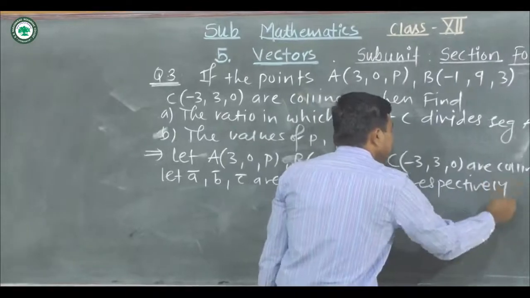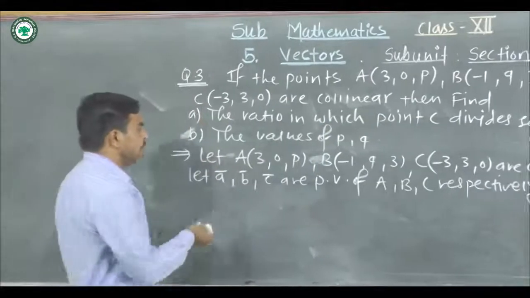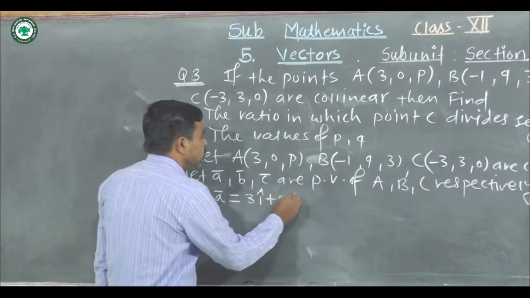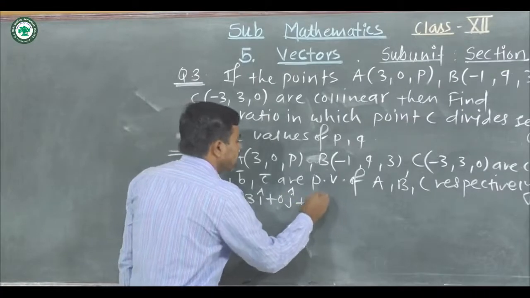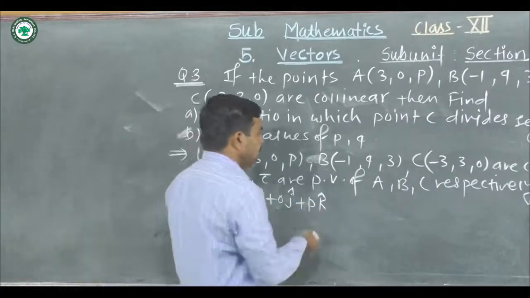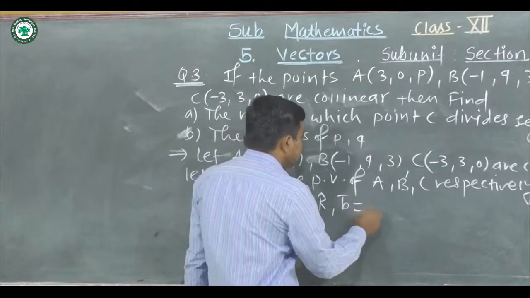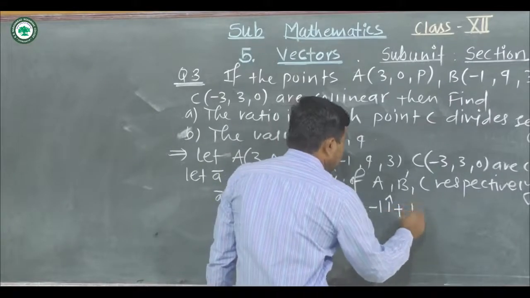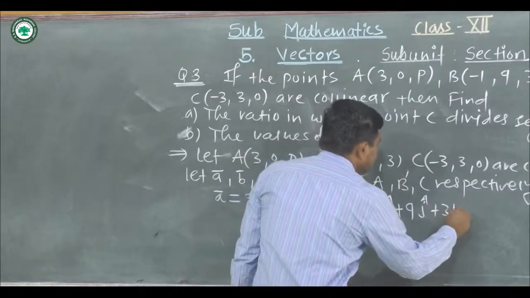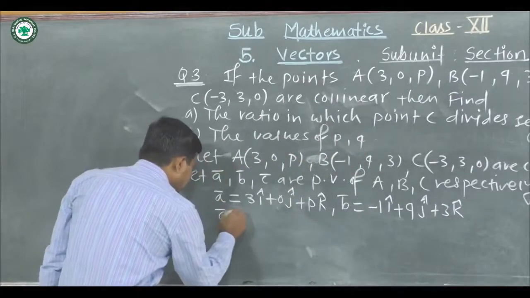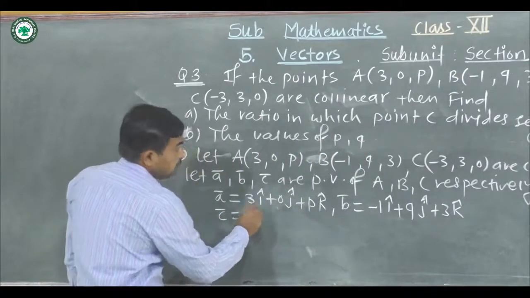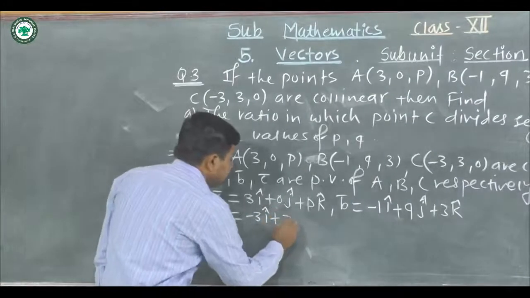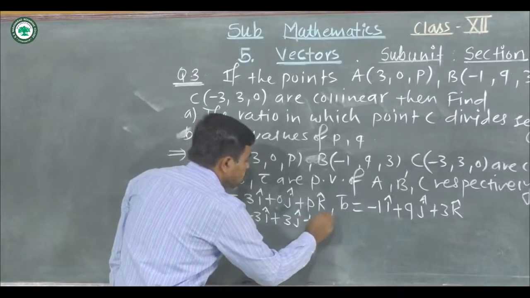Now the three points are given, so we can write a bar, b bar, c bar. a bar is 3i cap plus 0j cap plus p k cap. b bar is equal to -1 i cap plus q j cap plus 3k cap, and c bar is equal to -3i cap plus 3j cap plus 0k cap.